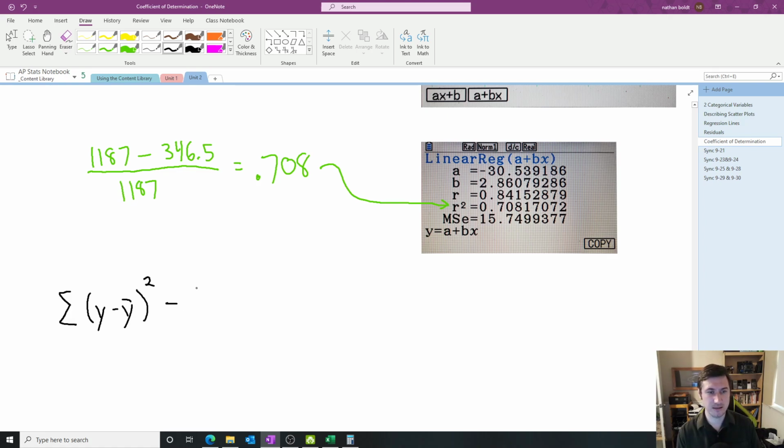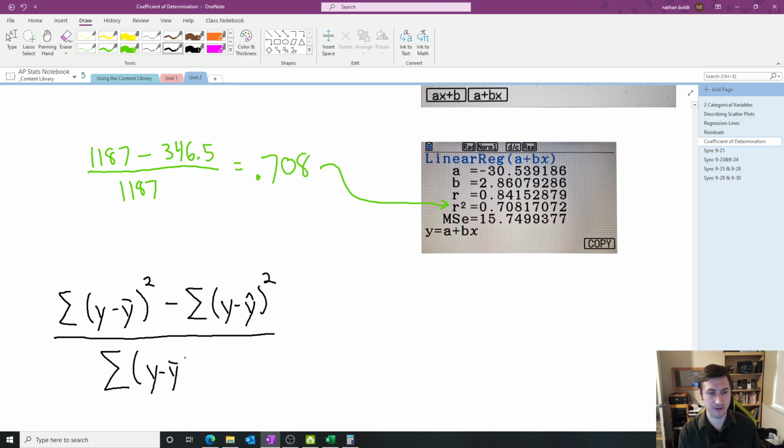Then we subtracted the other square residuals from the predicted value, y hat squared. And then we divided by the total, the big one, which is this one, y minus y bar squared. That is r squared. Now, why is that equal to the square of this number, which we did last time? That's a completely different calculation.